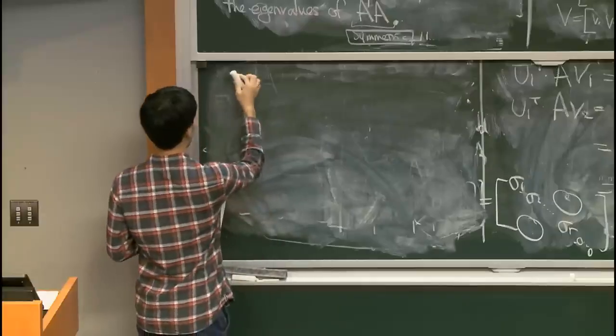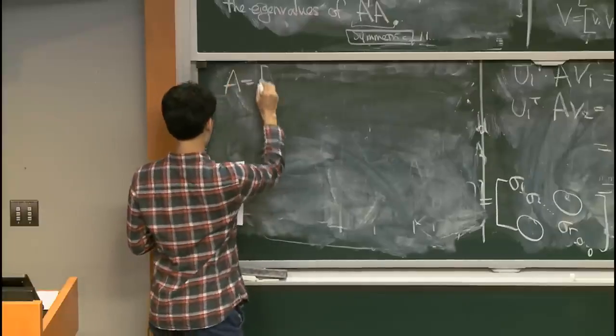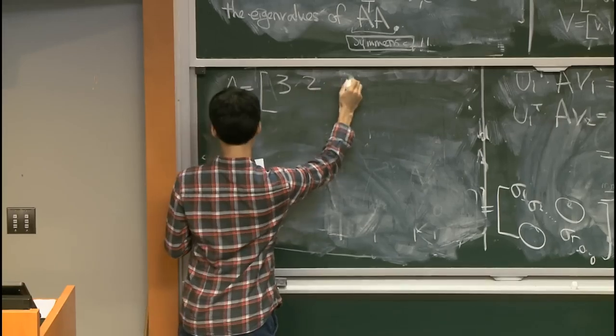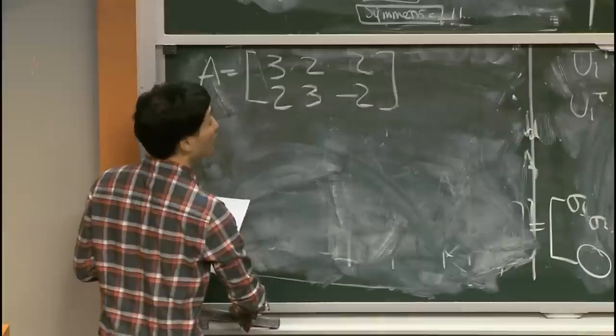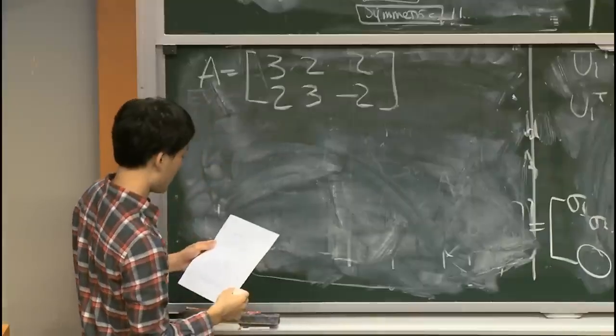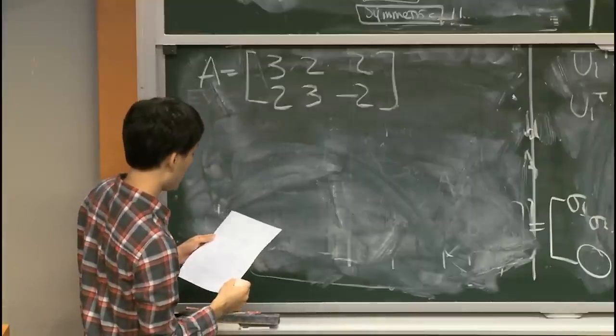Okay, so let A be this matrix 3, 2, 2, 2, 3, -2. And we want to make the singular value decomposition of this.